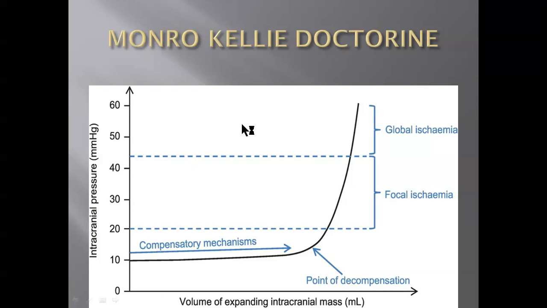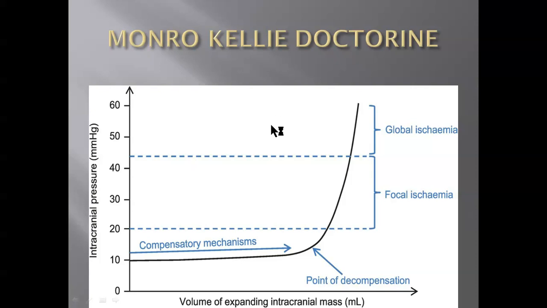Any of the tumor, hematoma, ischemia, infarct, or cerebral edema would cause your increased ICP. So this is what Monro-Kellie says: your cranium is a closed space, closed from every side.